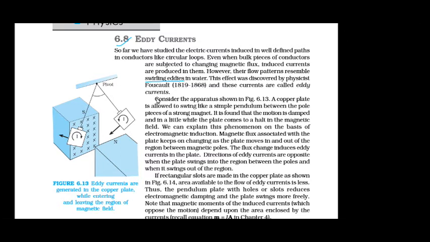Now consider the apparatus shown in figure 6.13. These are the apparatus. A copper plate is allowed to swing like a simple pendulum between the pole pieces of a strong magnet. It is found that motion is damped and in a little while the plate comes to a halt in the magnetic field.